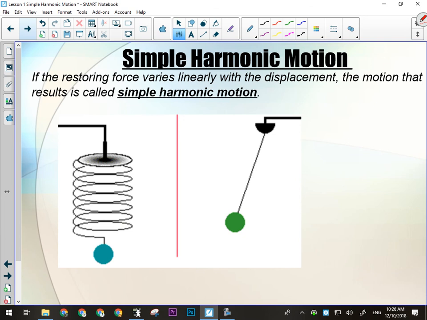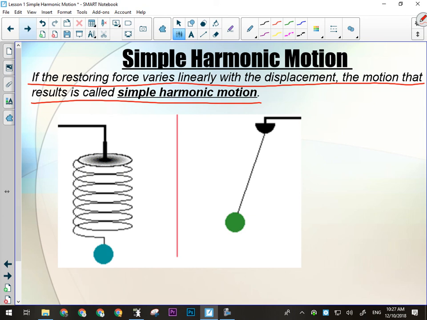Okay, so for simple harmonic motion to occur, and this is important, you'll want to highlight this in your notes, the restoring force has to vary linearly with displacement from equilibrium. So that means the farther from equilibrium I disturb the object, the harder the restoring force has to pull or push, depending on what force it is.